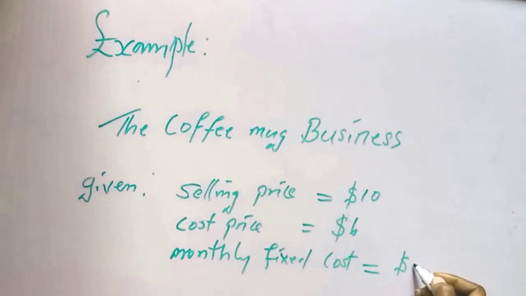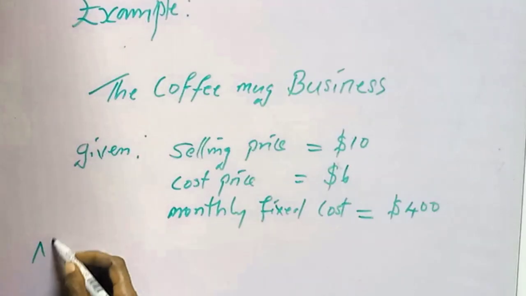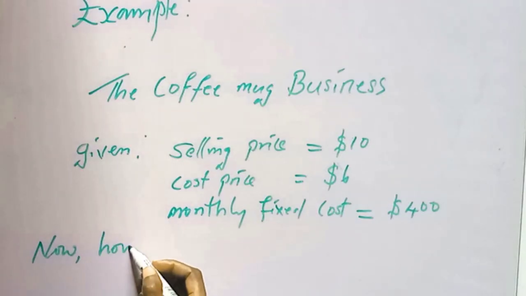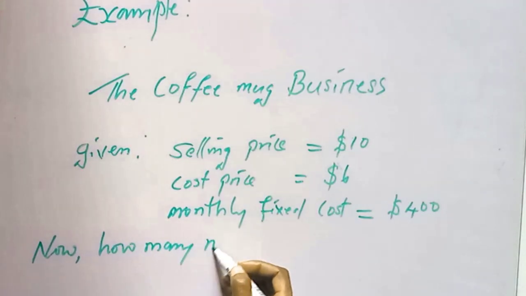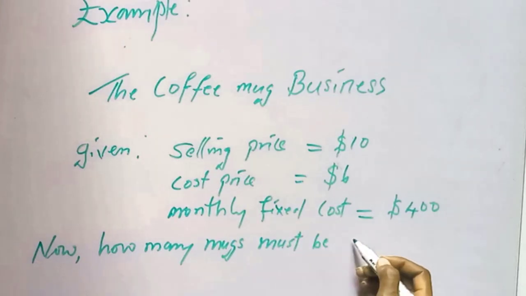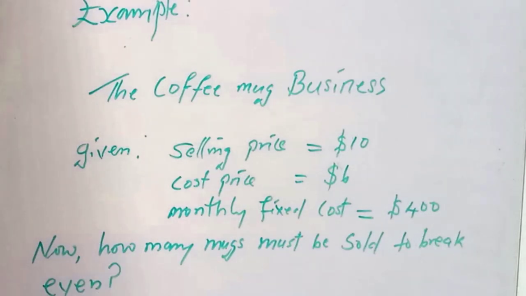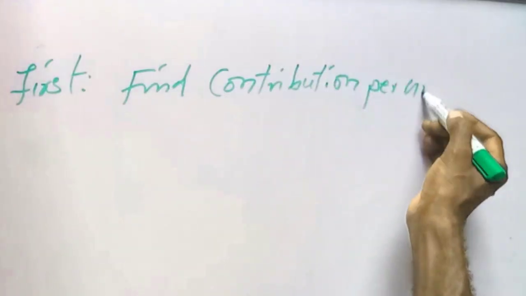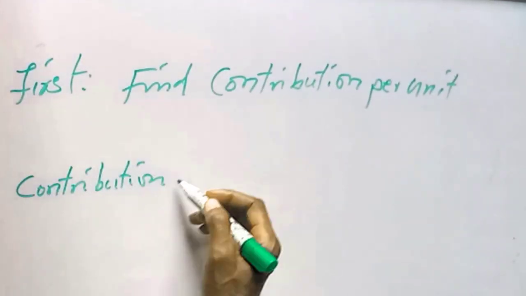Here is now the big question. How many mugs must be sold to get a break even? First of all, let's find contribution per unit.